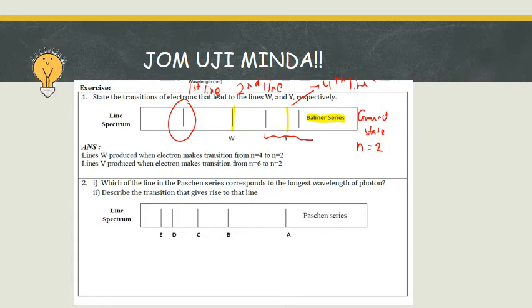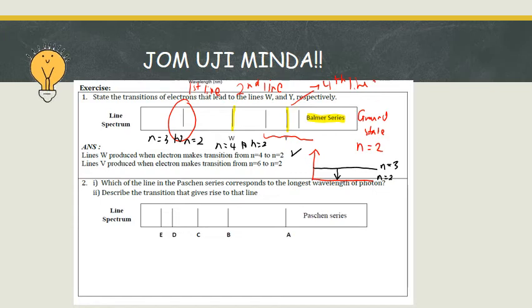So we know for Balmer the ground state is n equals 2. If we draw our energy level diagram, here the ground state is n equals 2. The first line is formed from n equals 3 falling to n equals 2. So line W must be n4 to n2.